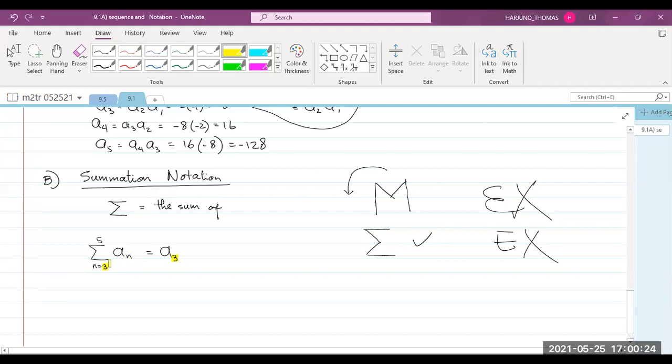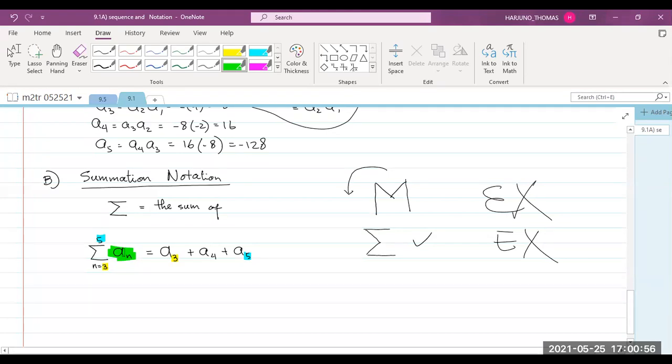The index starts from 3 up to the number on the top, in this case 5. That's what it means. Now this part here is what we learned earlier, the sequence.